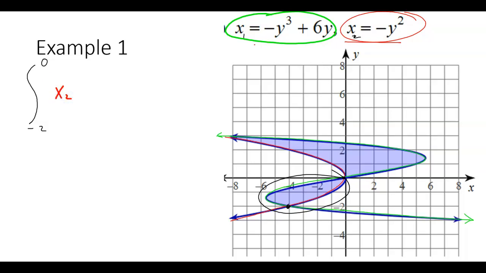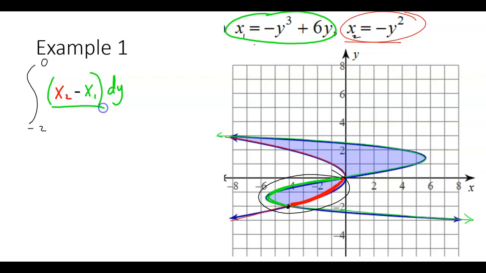The y squared function is to the right of the cubic one in this case. Okay? So it's going to be x2 minus x1. And remember, this is with respect to y.